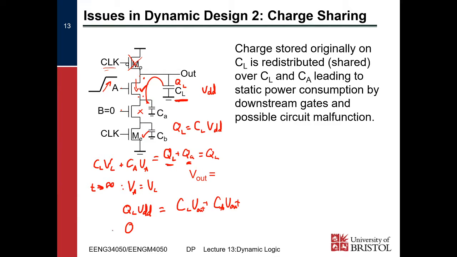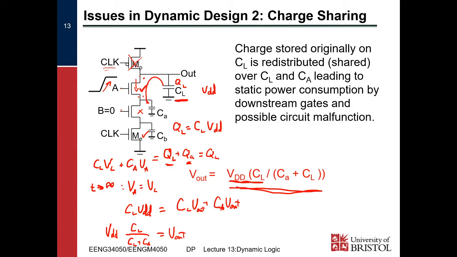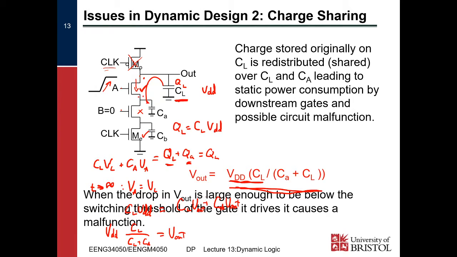So CL VDD, and then CL over CL plus CA equals V out. Yeah, sorry, those Q's were supposed to be C's, right? So we get this equation, right? Originally, we just had the charge stored in CL, but now it's stored in CA plus CL, and so the charge is going to be redistributed.